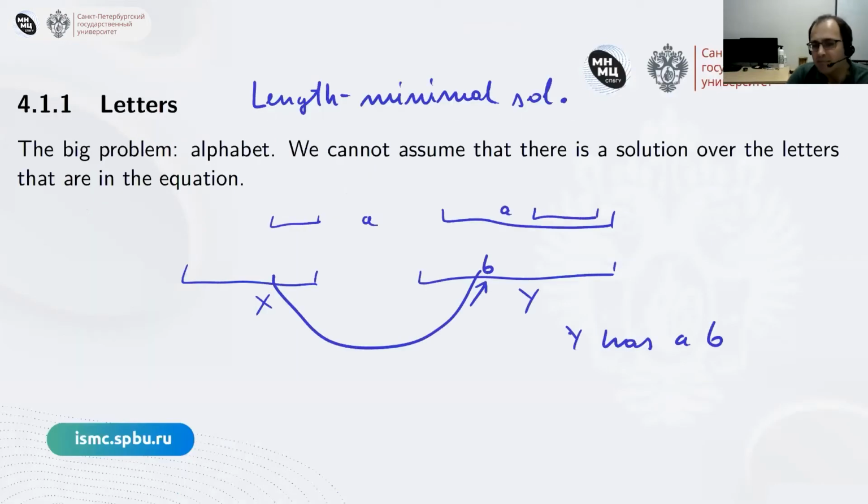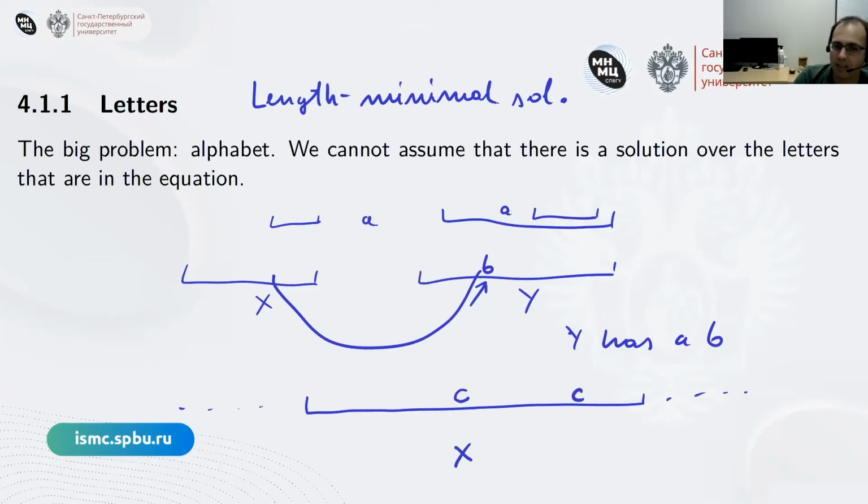But how to think about this problem is that at some point you could arrive at the moment where you have some letter C inside the substitution for X, and this letter C is nowhere else in the equation. It could be that it's from the initial alphabet, then it's fine.